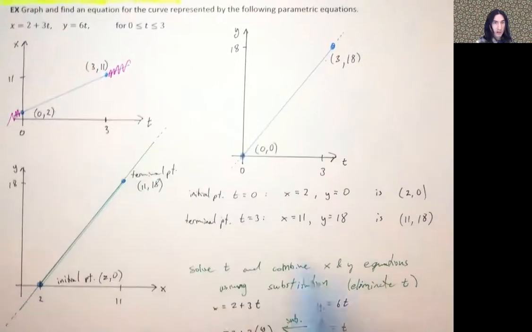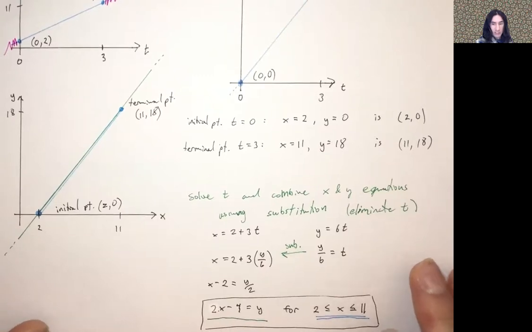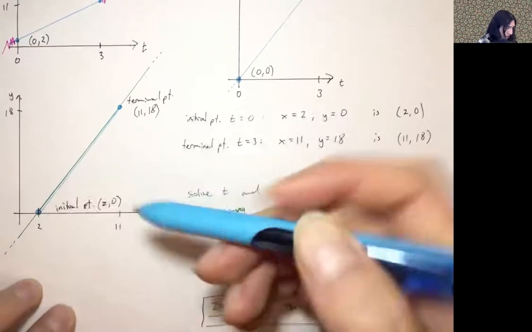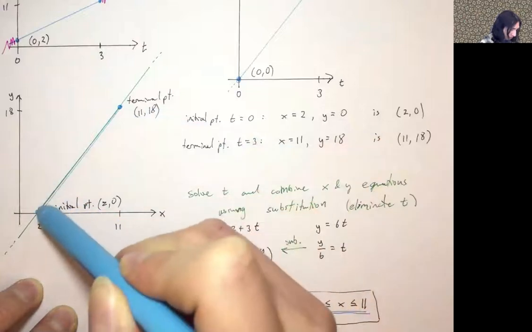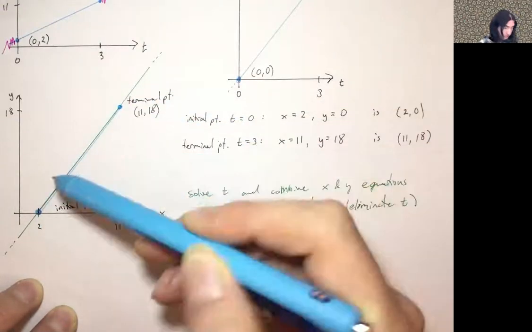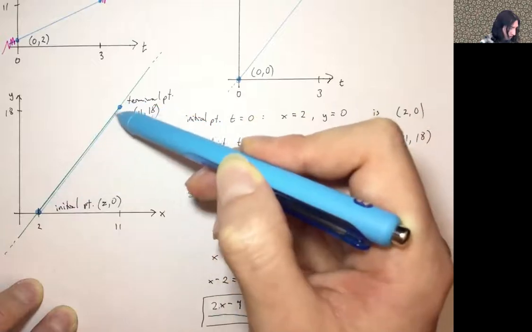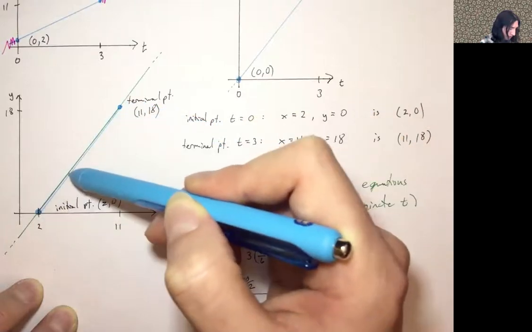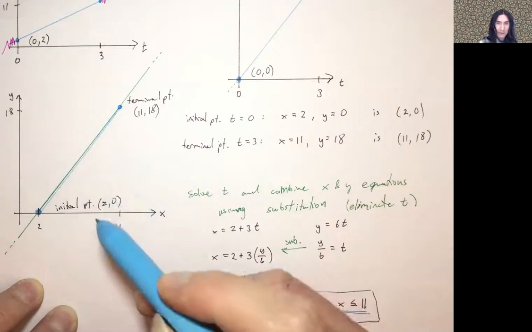And the final thing that I need you to do whenever you are asked to graph one of these parametric curves is express on your graph the direction that we're traveling. So remember, what our parameterization is doing is describing the movement of my pen along the plane. So did I move from here to here in a straight fashion, or did I move from here and then sort of jog backwards, like scribble my way up to the terminal point?